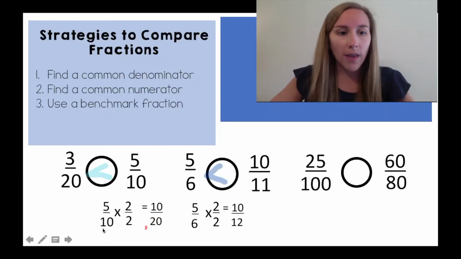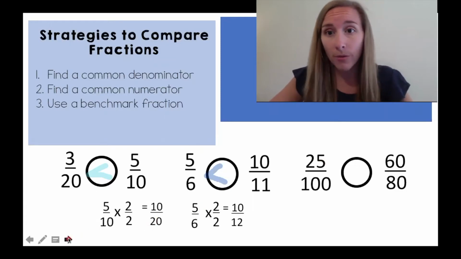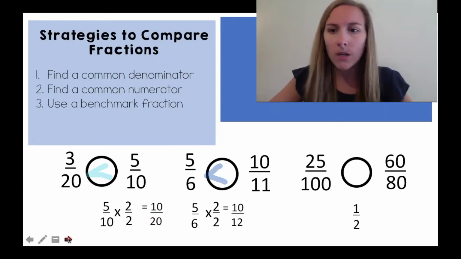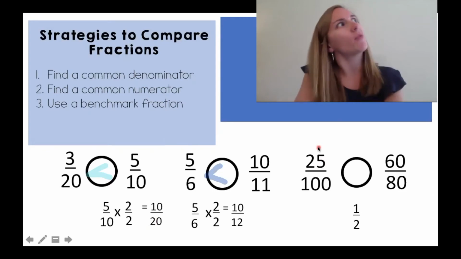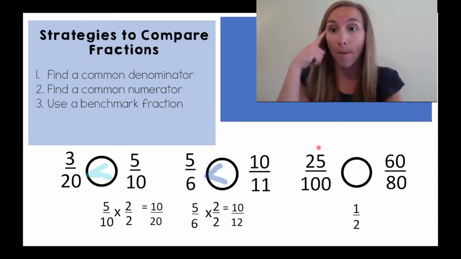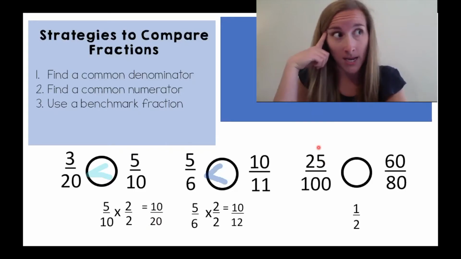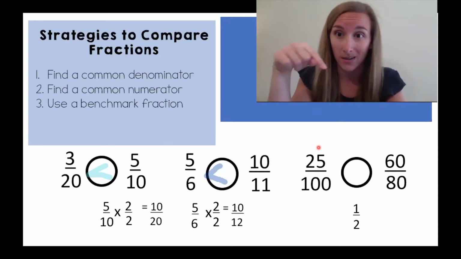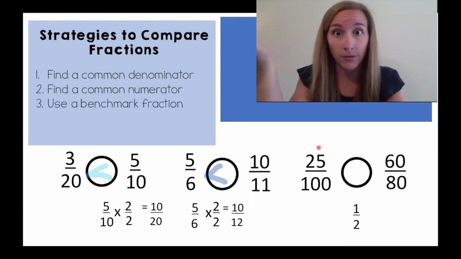So you want to think, I know they're both less than 1 whole. So I might think about 1/2. I'm wondering, 25 over 100, is that greater than or less than 1/2? Well, I'm thinking about money. Are you thinking about money and pennies in a dollar? There are 100 pennies in a dollar. Half a dollar is 50 cents.